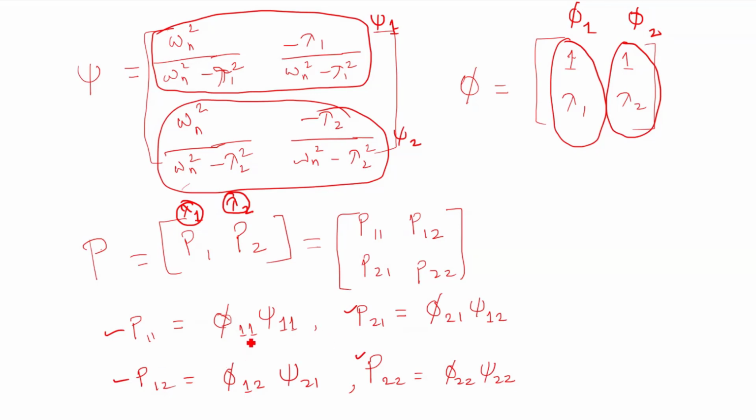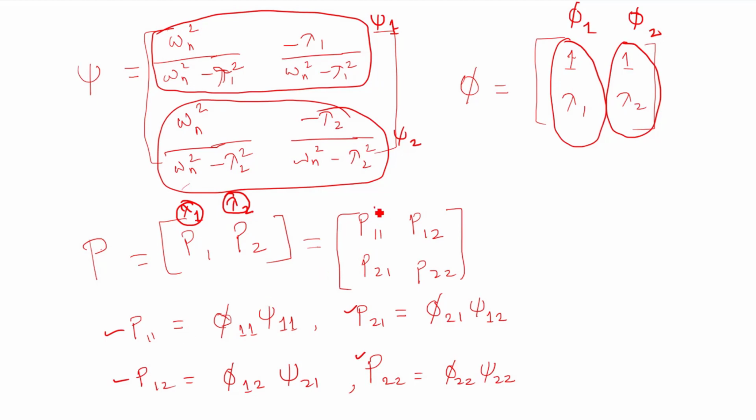Now I can check, for each of the modes and each of the state variables, whether the sum of the elements in a particular column and the sum of the elements in a particular row are becoming 1 or not. Just for the checking purpose, you can do this.